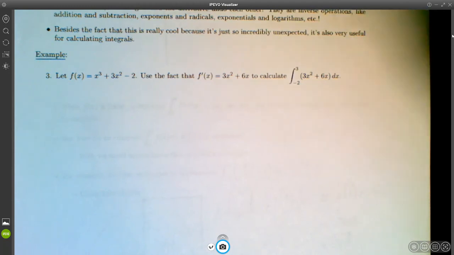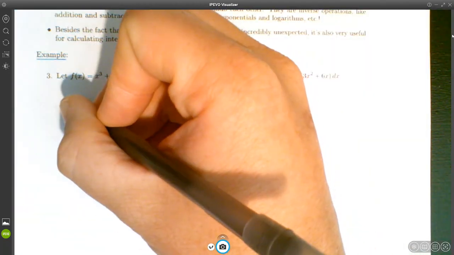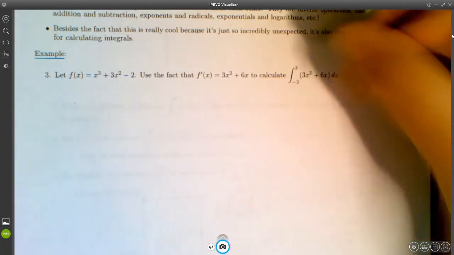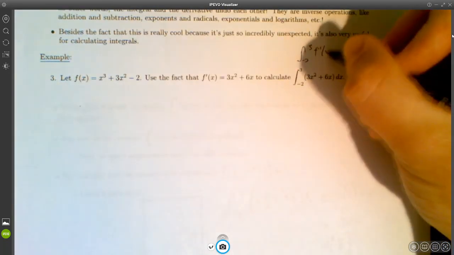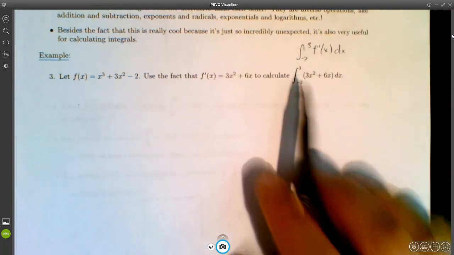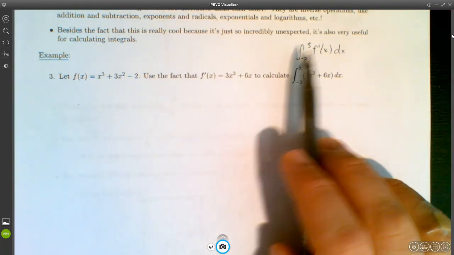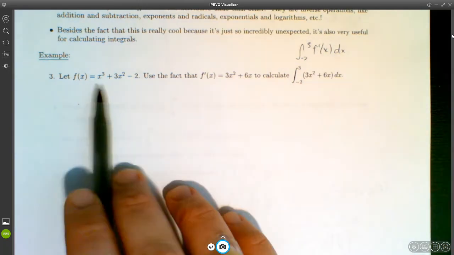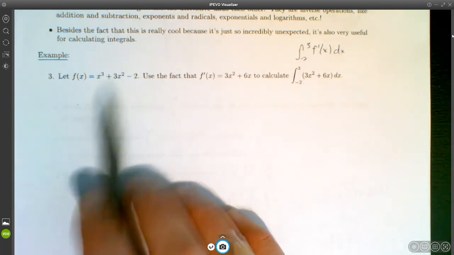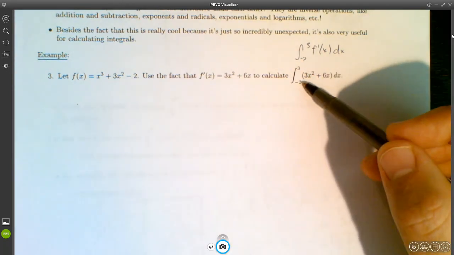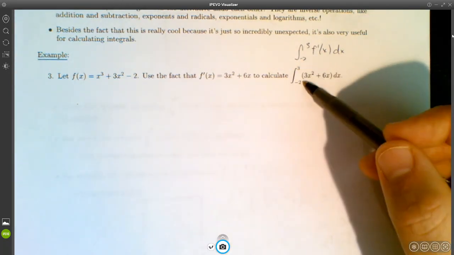What the fundamental theorem of calculus tells us is that basically what we've got here is the integral of a derivative. Well, the integral of the derivative is just going to be the original function that we're starting with, evaluated at 3 and at negative 2.